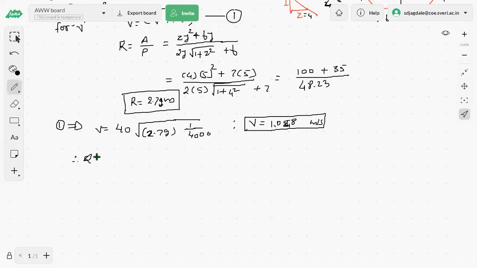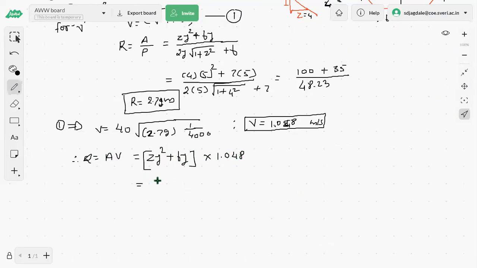Therefore Q is equals to area into velocity. That is, area is nothing but the Z into Y square plus B into Y, that is the area, weighted area we can say, into the velocity just now we have calculated, that is 1.048 or 5, whatever it may be.